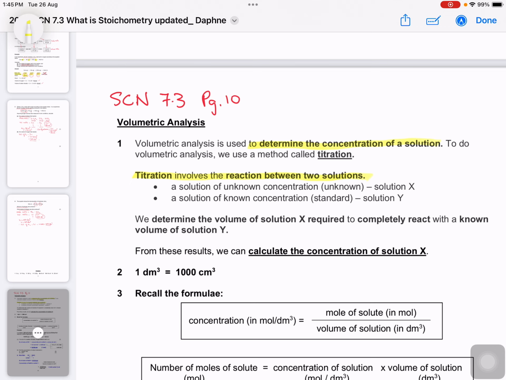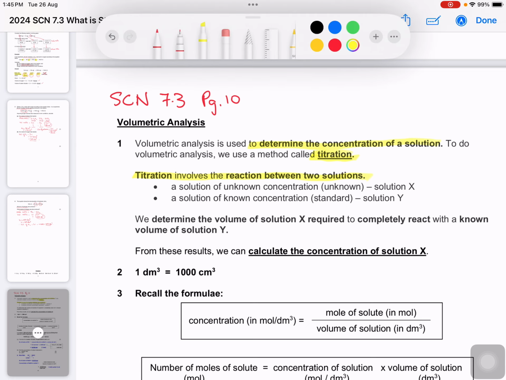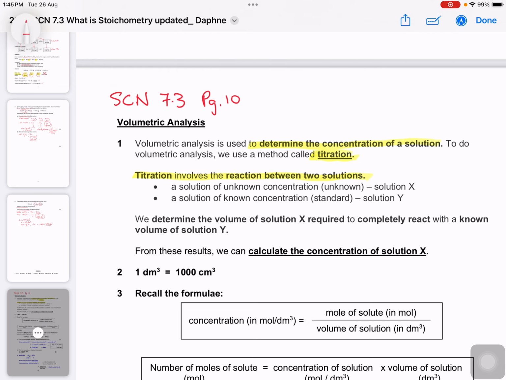In the experiment, the method is called titration, but we don't have to worry about titration. That's more for pure chem. So, what is titration? We are trying to find concentration, okay?